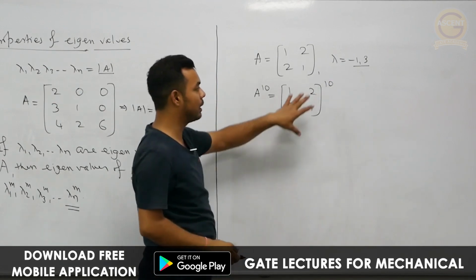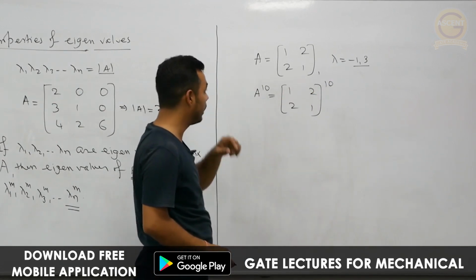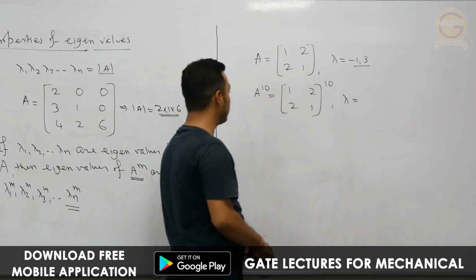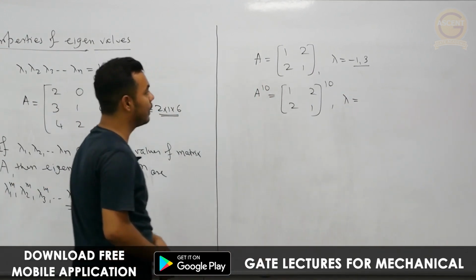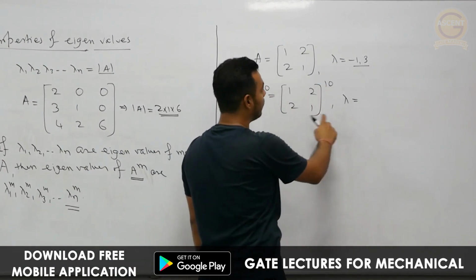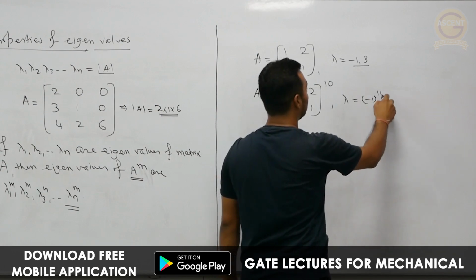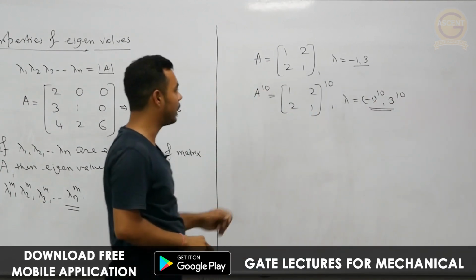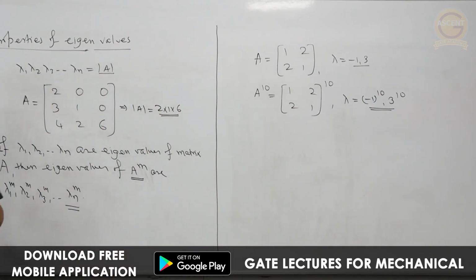We would have to multiply this matrix 10 times to get A to the power 10. Using this property, you can directly write the eigenvalues. Eigenvalues of A are minus 1 and 3, so eigenvalues of A to the power 10 will be minus 1 to the power 10 and 3 to the power 10. So this is the first part of the fourth property.